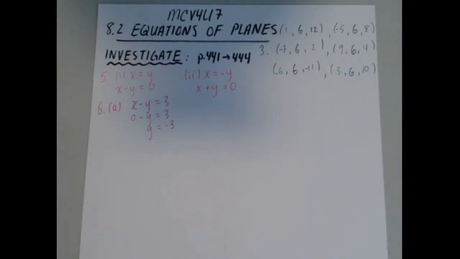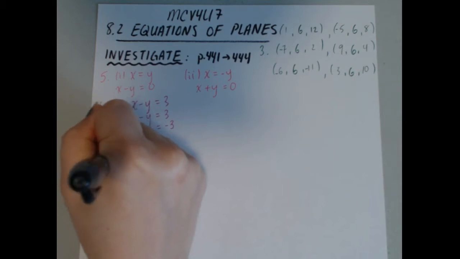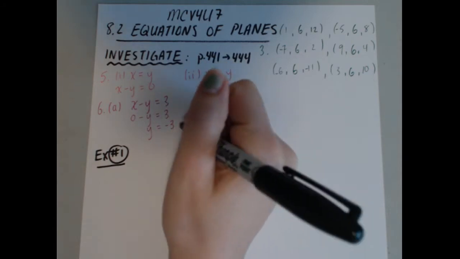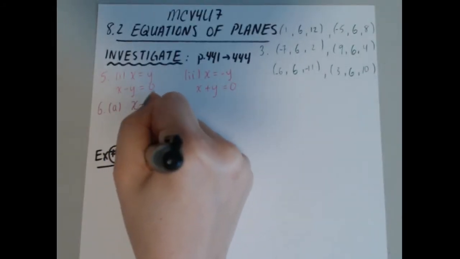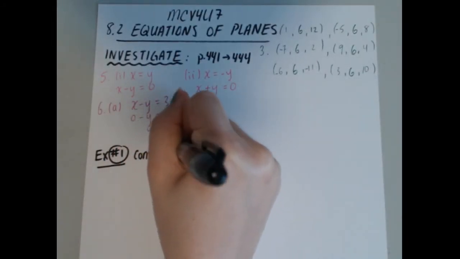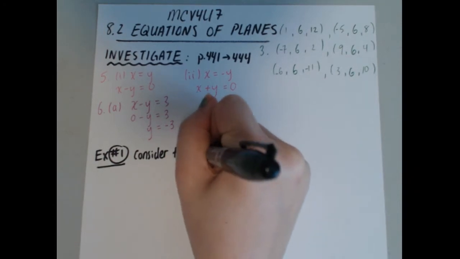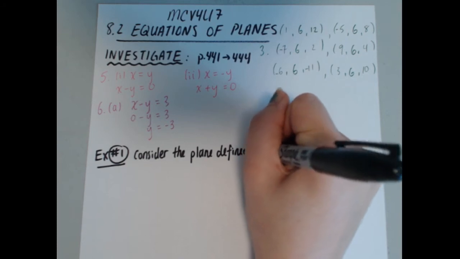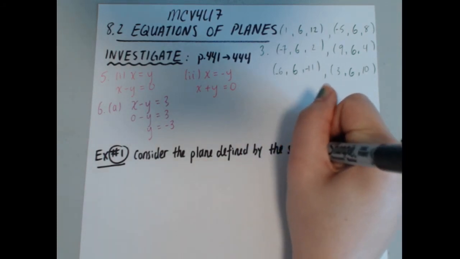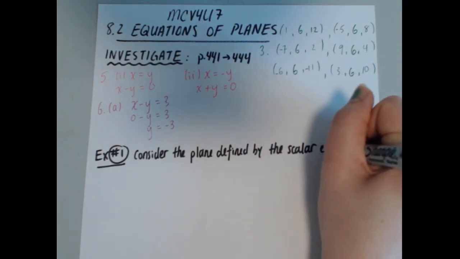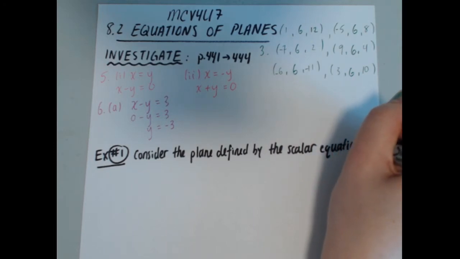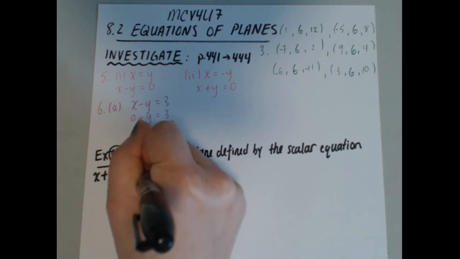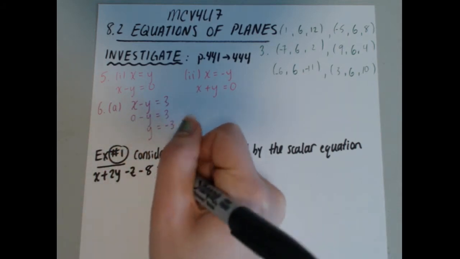And this time we're going to add an extra dimension to our plane equation. So example 1, consider the plane defined by the scalar equation x plus 2y minus z minus 8 is equal to 0.